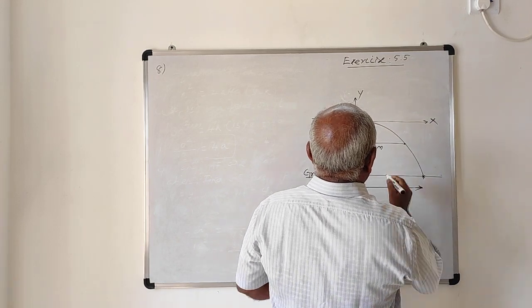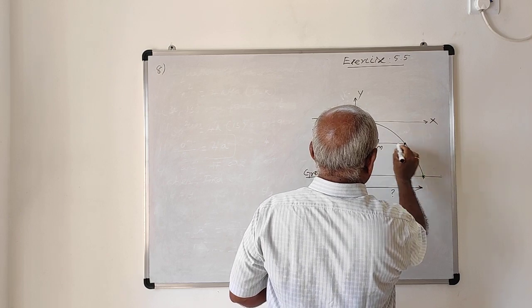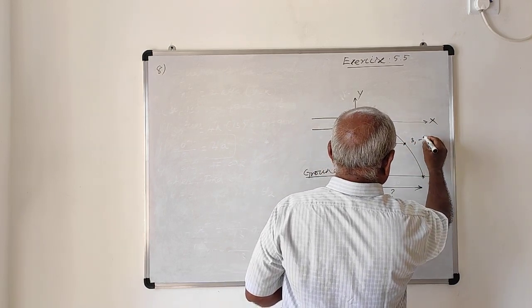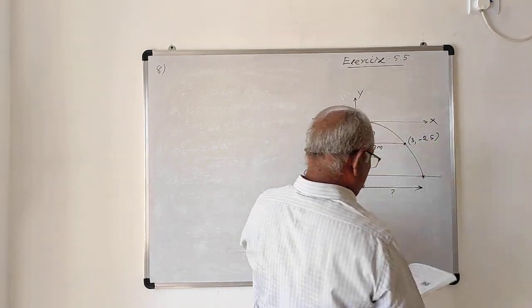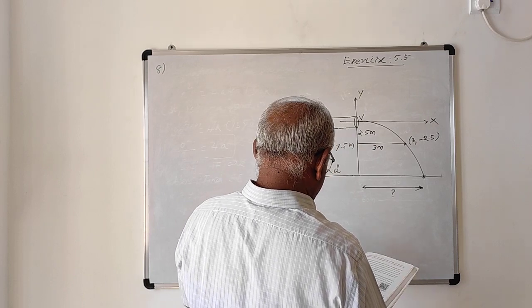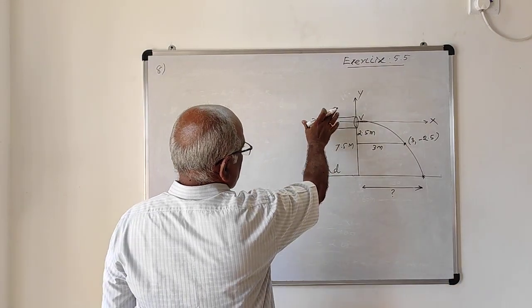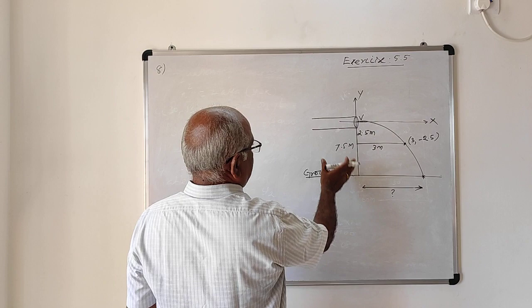See, the point is: x coordinate is 3, y coordinate is minus 2.5, below that line. The parabolic path of the water is below the x-axis, in the downward direction.